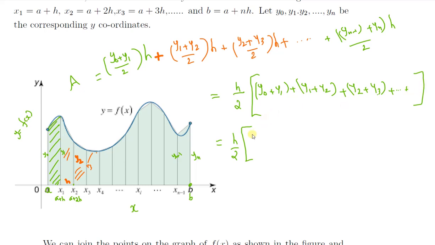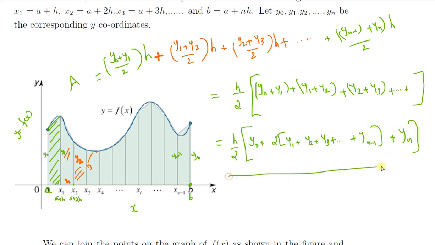So you will get y0 plus 2y1, 2y2, 2y3, like this. So 2 into y1 plus y2 plus y3 plus etc., going up to yn minus 1, and the last term will be yn. So you will get the area using the trapezium rule like this.